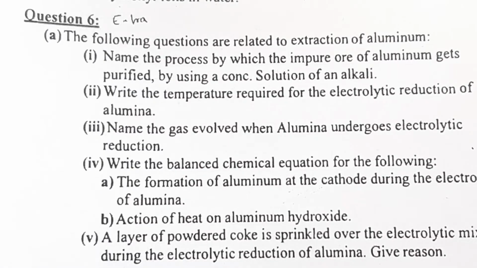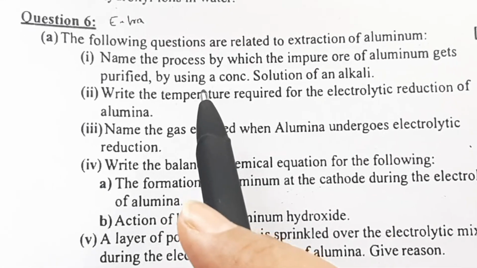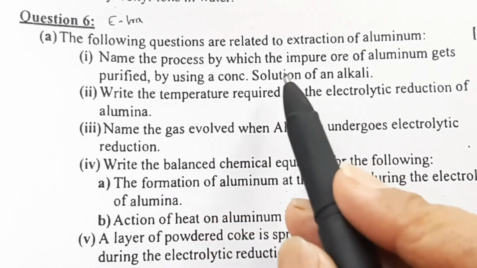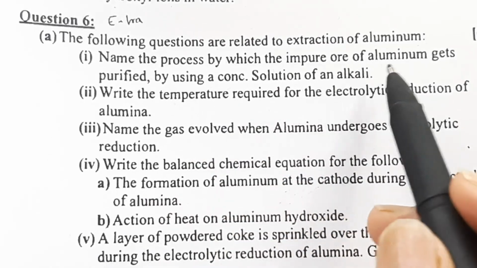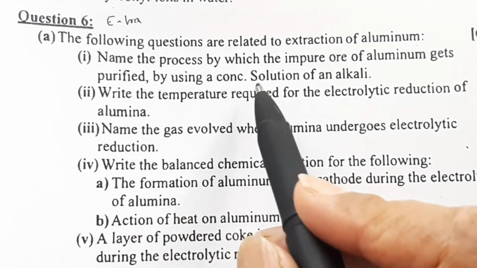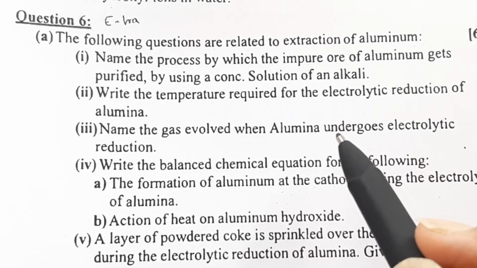Let us now come to question number 6. A. The following questions are related to extraction of aluminium. Name the process by which the impure ore of aluminium gets purified by using a conc. solution of an alkali. This is Bayer's process.